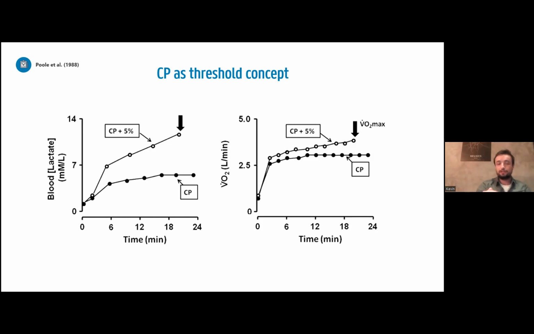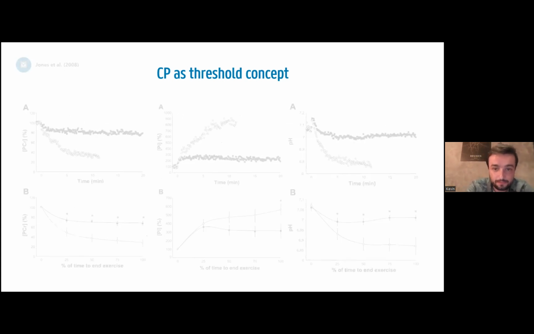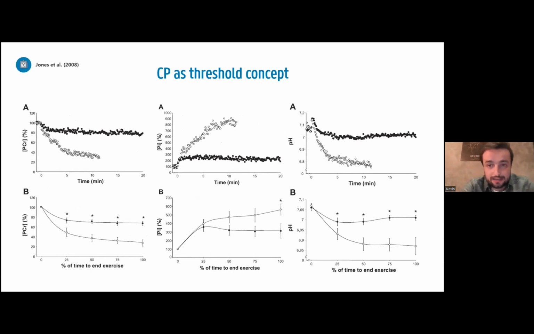So the critical power, at least in theory, forms the boundary between steady state and non-steady state exercise. And as you could see on the previous slide, if we talk in terms of intensity domains, it's the boundary between what we call heavy intensity and severe exercise intensity. Some other data supports that meaning or that role.